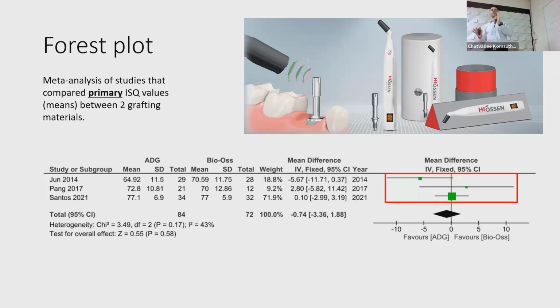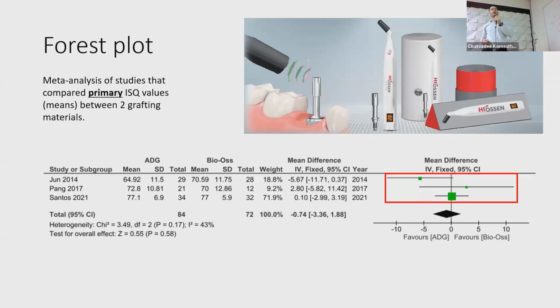All right? Okay, so this is the first thing we need to understand. Here we have the studies, 3 included studies, and the location of that square depends on the result from that study. Now, after that, we need to look at this line that crosses the square. This line represents the range of the 95% confidence interval.